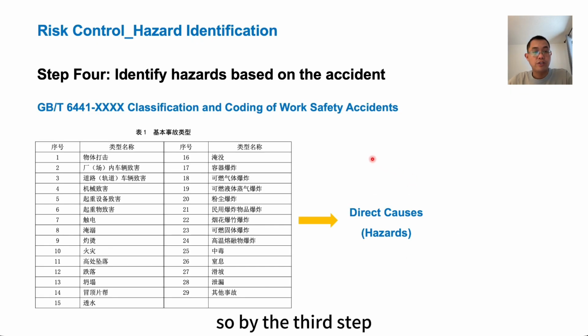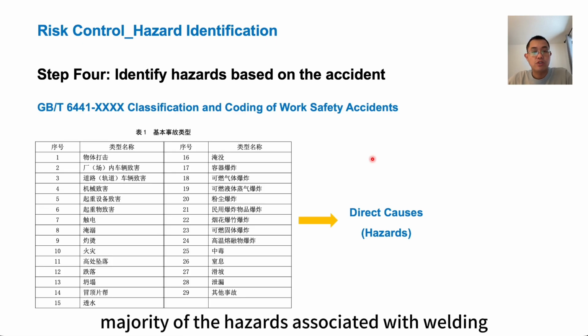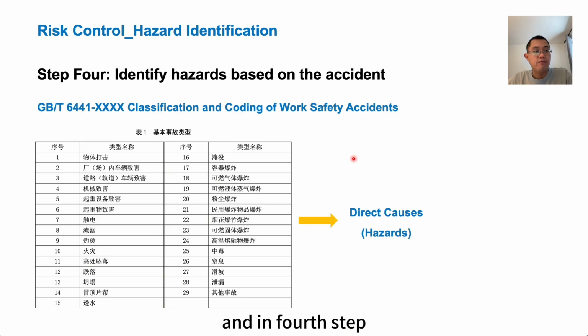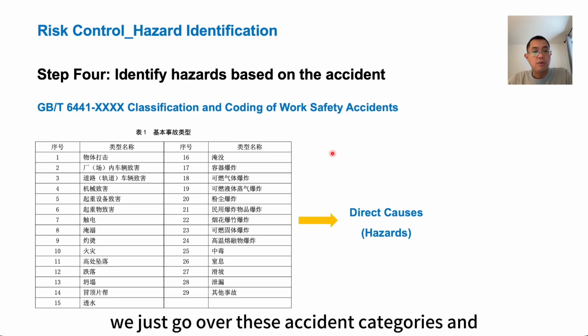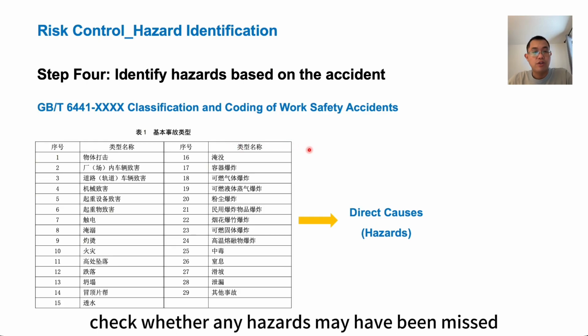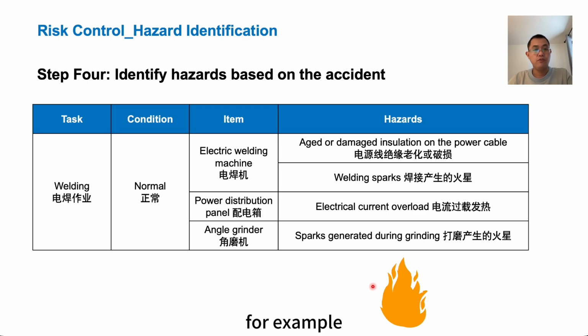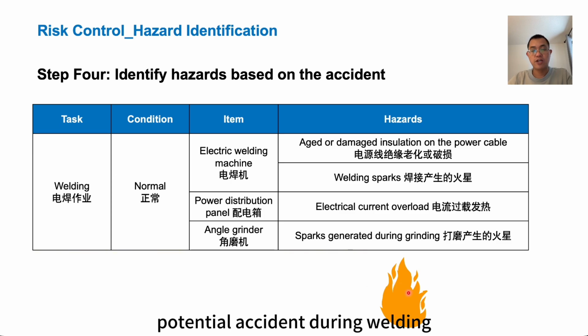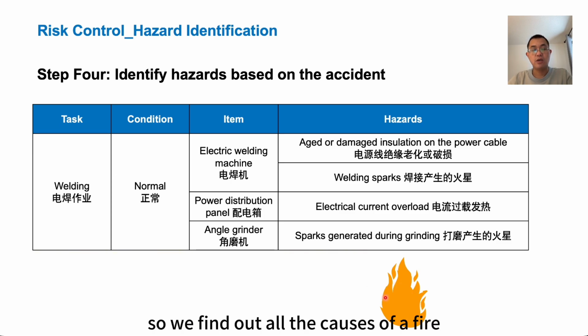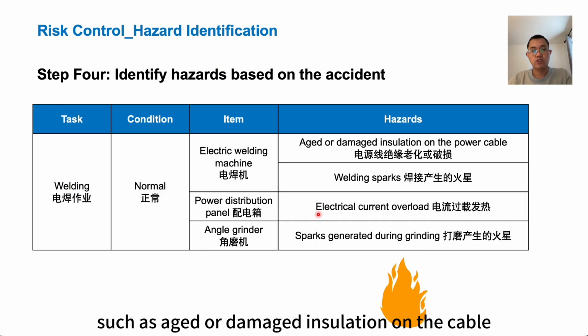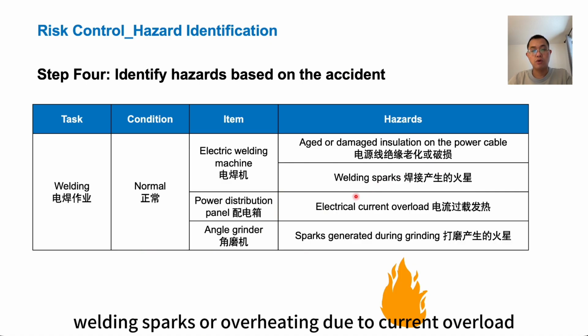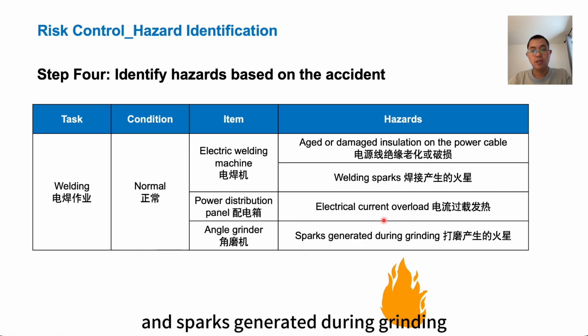So by the third step, we have already identified the majority of the hazards associated with welding. And in the fourth step, we just go over these accident categories and check whether any hazards may have been missed. For example, we know that fire is a potential accident during welding, so we find out all the causes of a fire, such as aged or damaged insulation on the cable, welding sparks, or overheating due to current overload, and sparks generated during grinding.